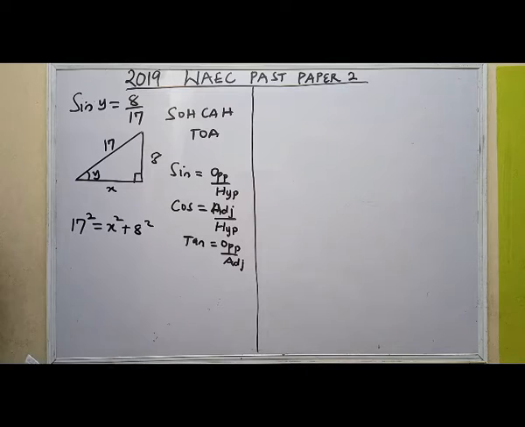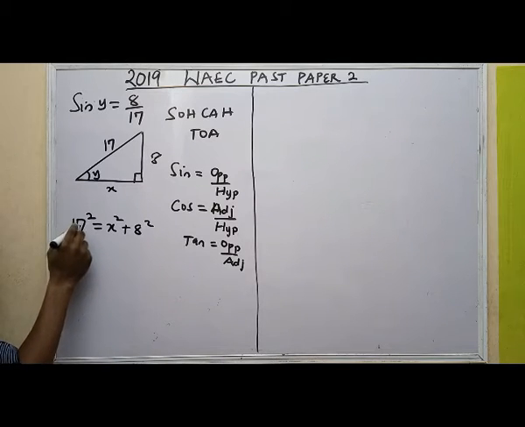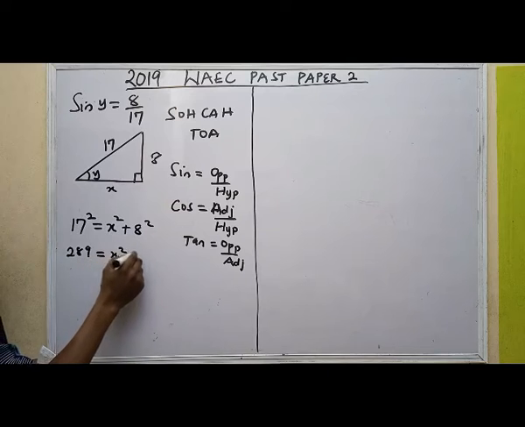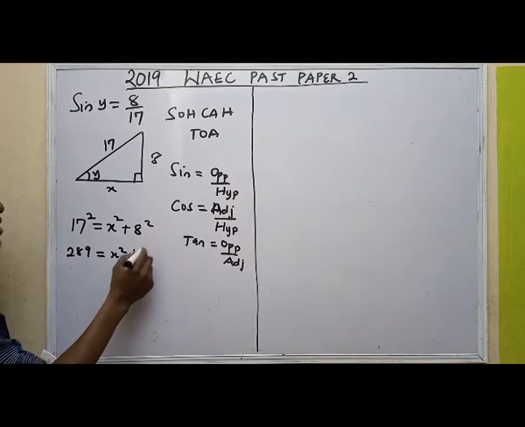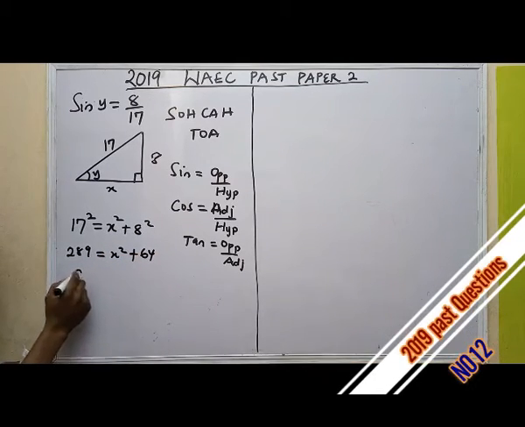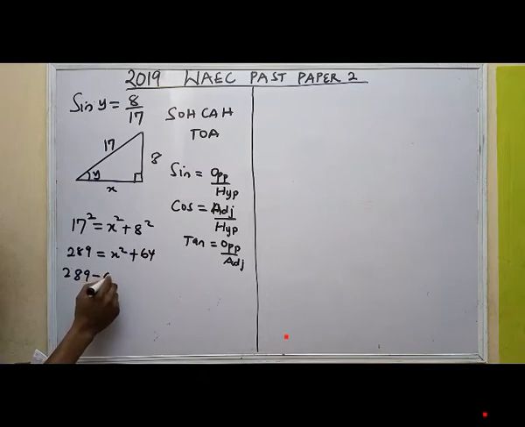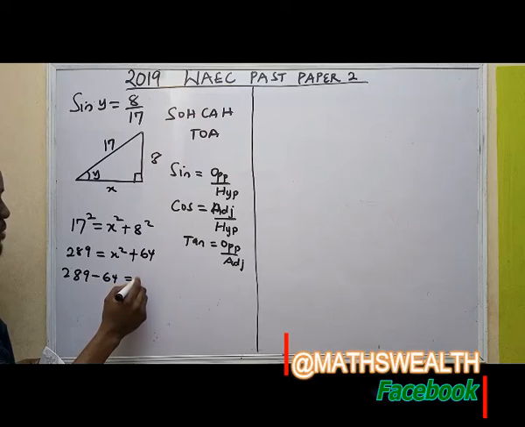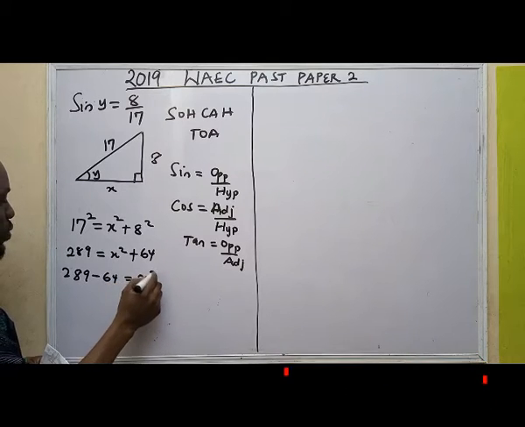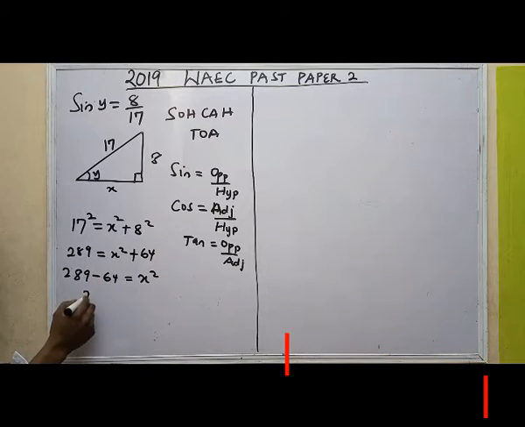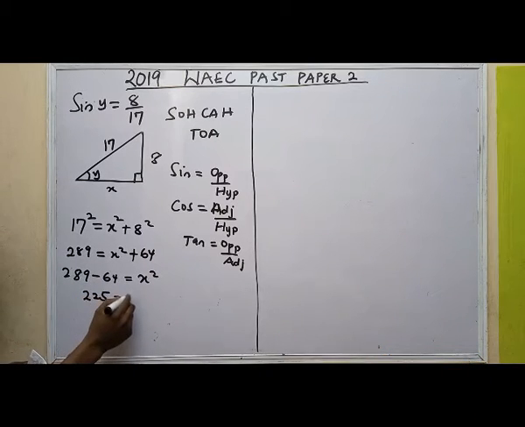So I want to get a value for x. 17 squared will give me 289, equal to x squared plus 8 squared, which is 64. So I take 64 to the other side: 289 minus 64 equals x squared. So 225 equals x squared.